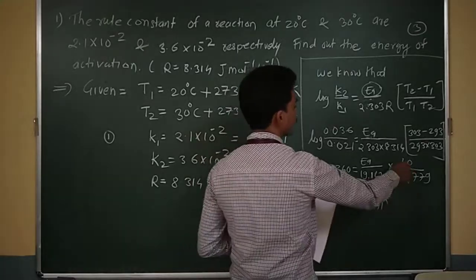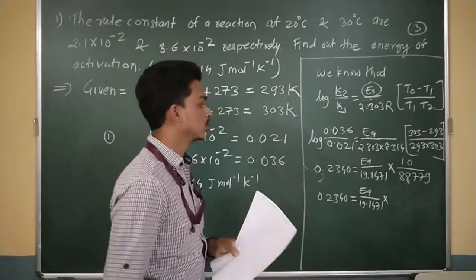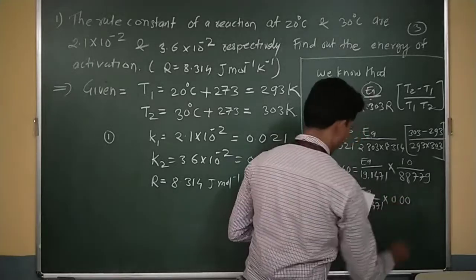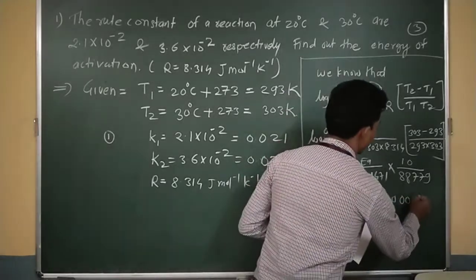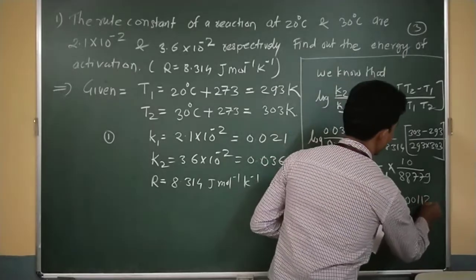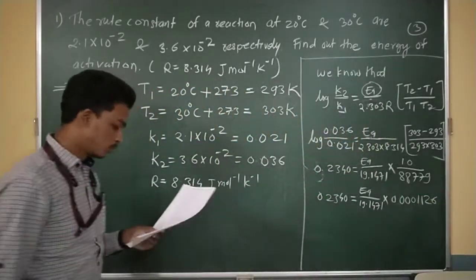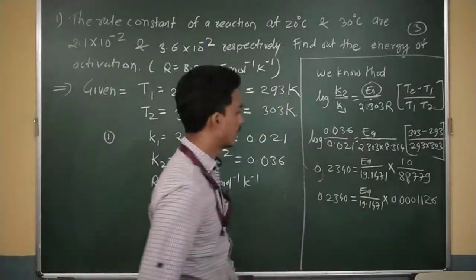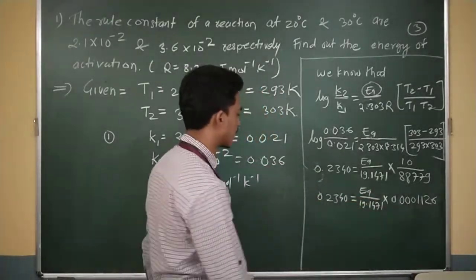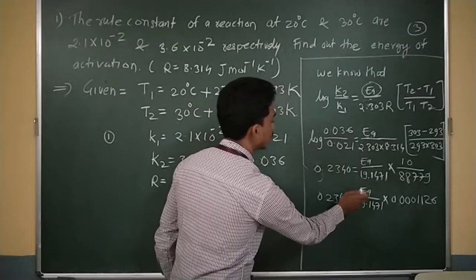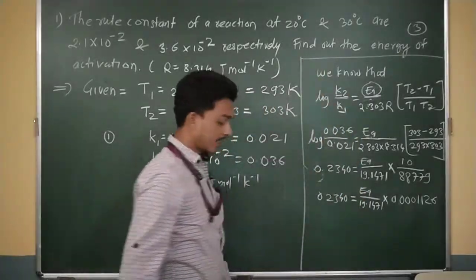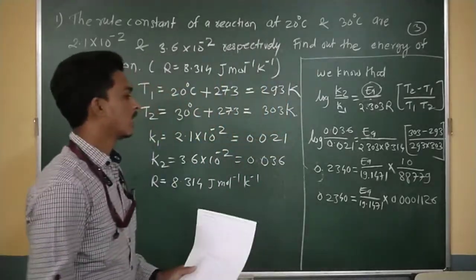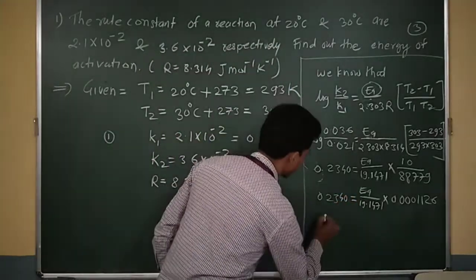After dividing 10 by this value, I will get the value 0.001126. Okay, up to this solving I can rearrange these equations, because I wanted to find out the energy of activation, and I will convert this formula like that.